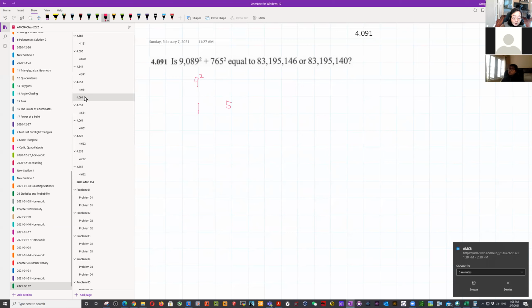And the last digit is determined only by the sum of the last digits themselves, and it doesn't involve higher digits. So 1 plus 5 equals 6. And we find that this number ends in 6, and that's the only possibility.